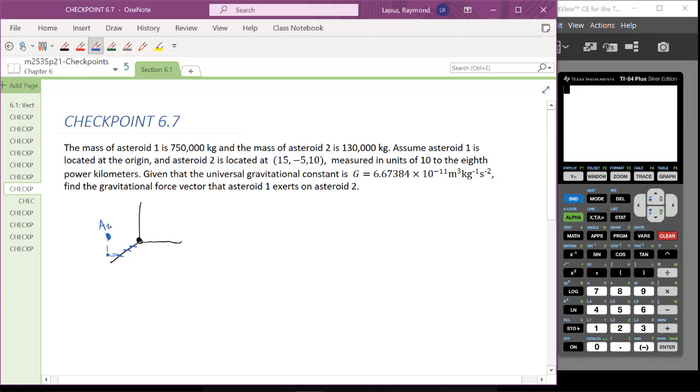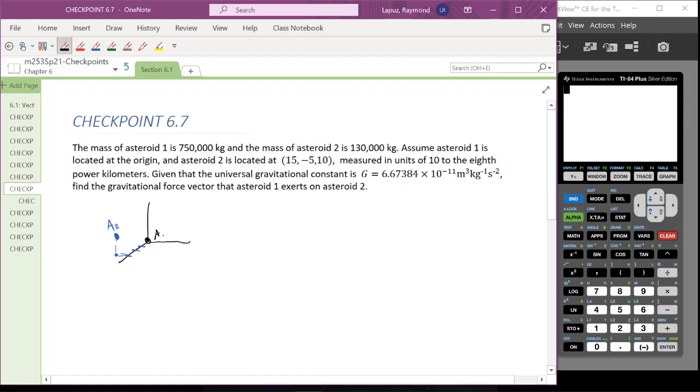Let's assume that asteroid 2 was sitting there, and those 15, -5, 10 are measured in 10 to the 8th power kilometers. Asteroid 1 and asteroid 2. Okay, given the universal gravitational constant G is equal to 6.7384 times 10 to the -11th, find the gravitational force vector that asteroid 1 exerts on asteroid 2.